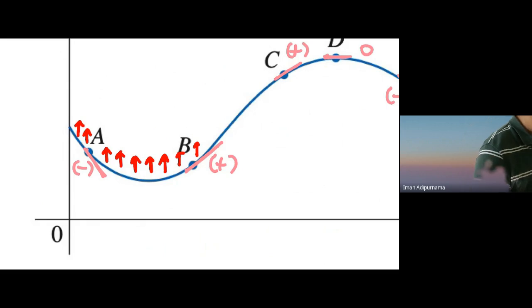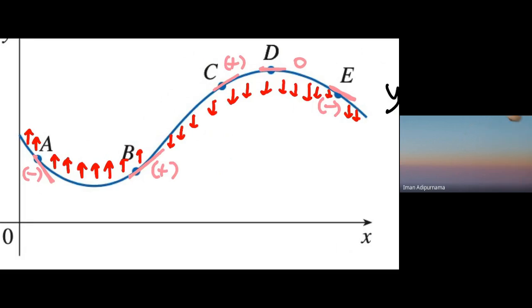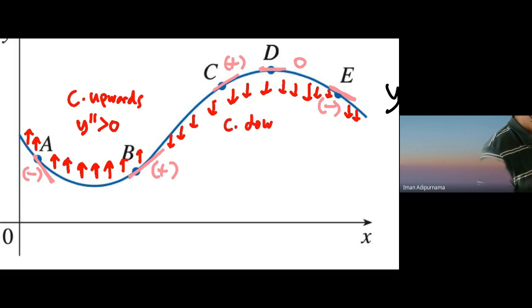And after this point, it will be facing down like that, up until E. So when it faces upwards, this is positive, or we can say concave upwards. This is concave downward.